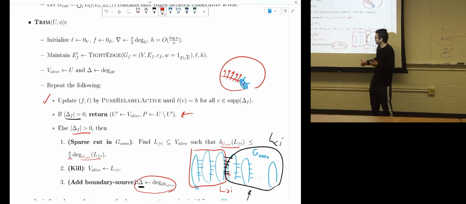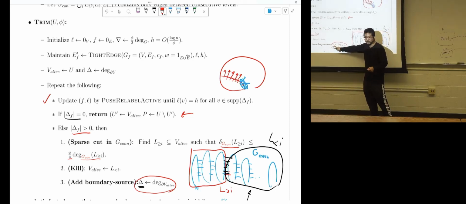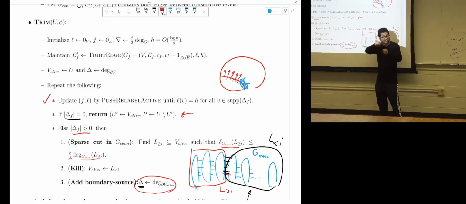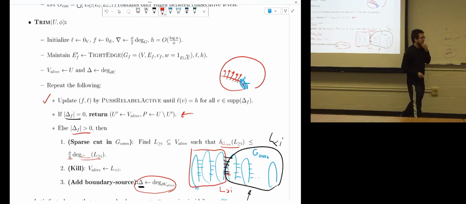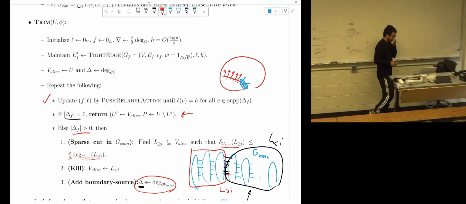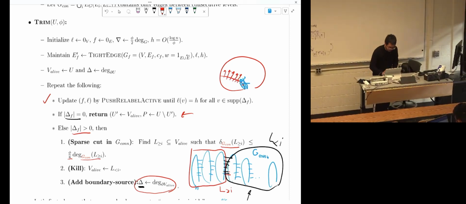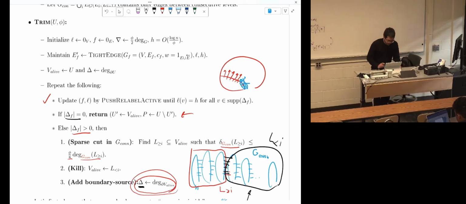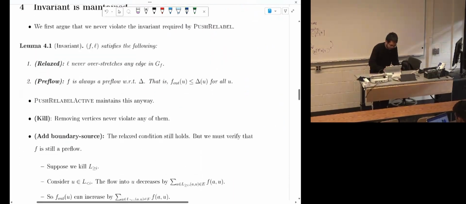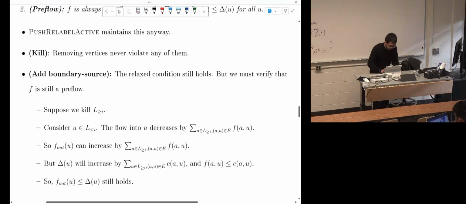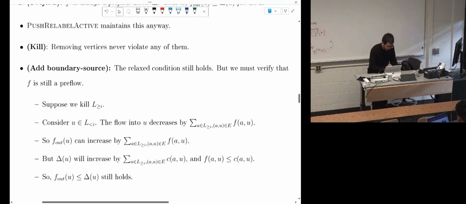Once we change the source to this guy, we now need to say that the flow out of you doesn't exceed the new source. So let's verify that when you add the new battery source, F is still a pre-flow.